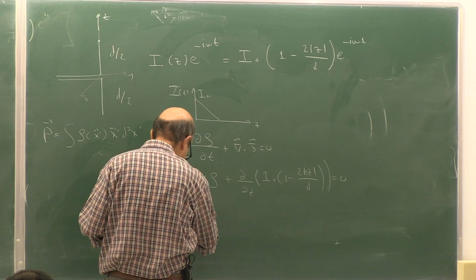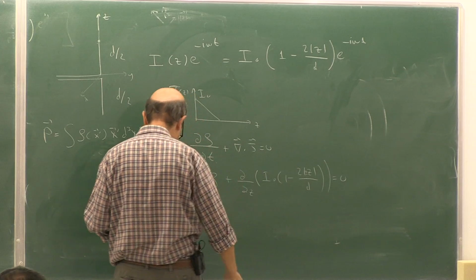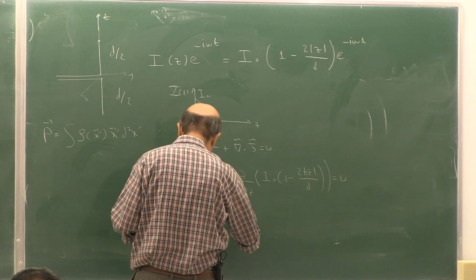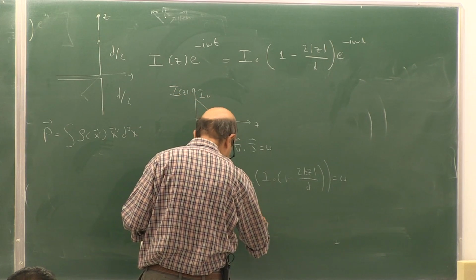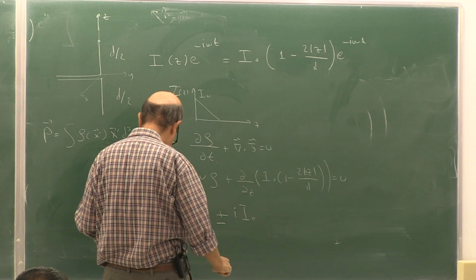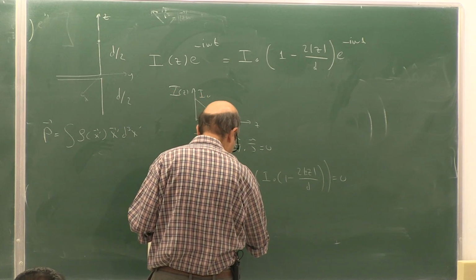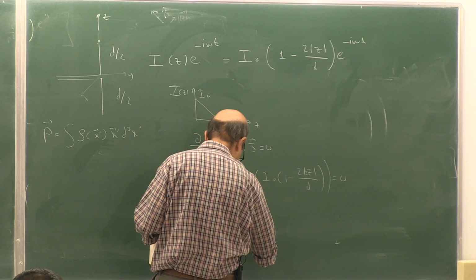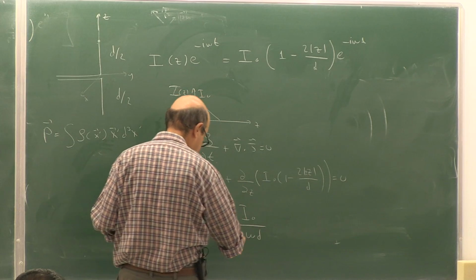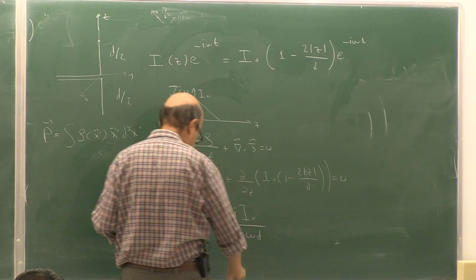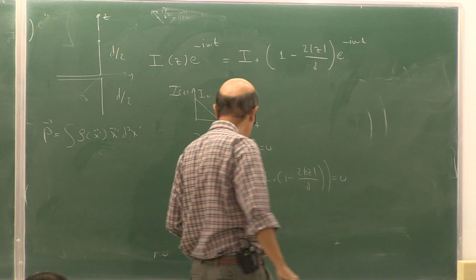And that means that the charge density in that form is I0 over omega d times a factor of 2. I think this should be correct.